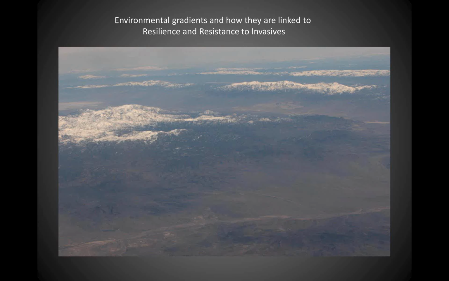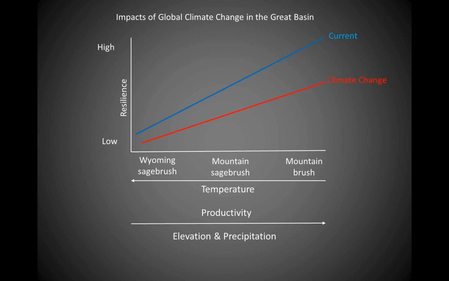We know that a north slope is cooler than a south slope. So this tries to tie together the environmental gradients across this large region that we work within, and how that links to resilience, recovery ability of these sites, and also resistance to invasives.